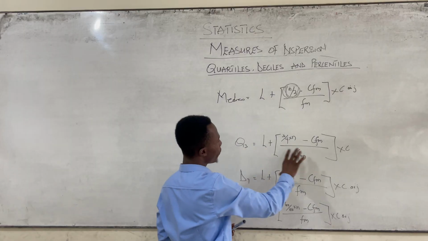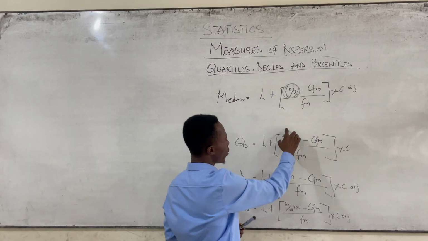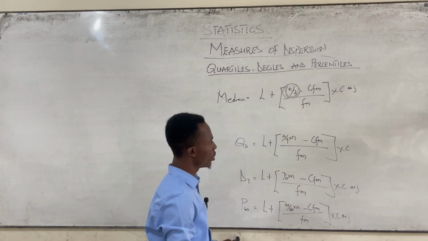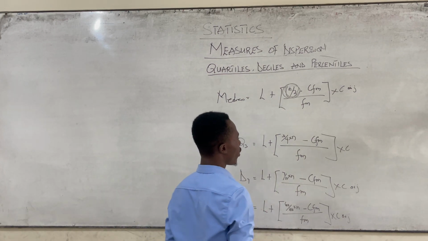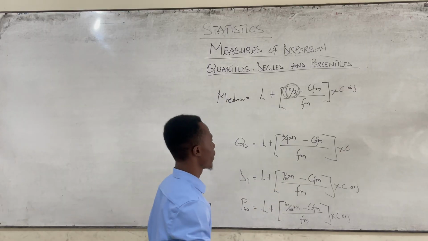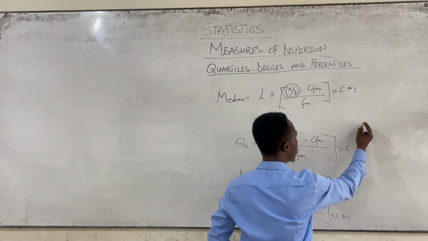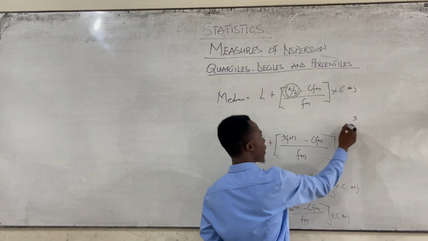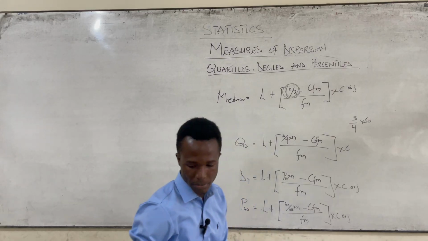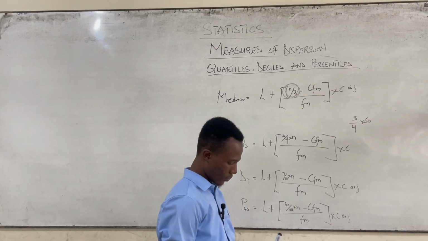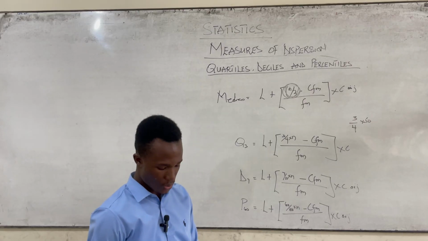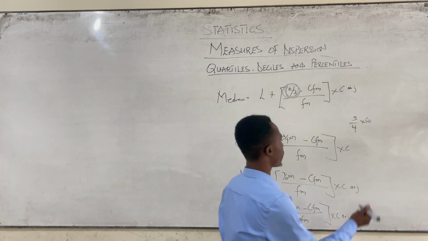Now here, before you calculate for the third quartile, you have to calculate this 3 over 4 times n. Do you see that? So assuming you have been given data and your n is, let's say, 50. So you first calculate 3 over 4 times 50, which will give you 37.5, right?